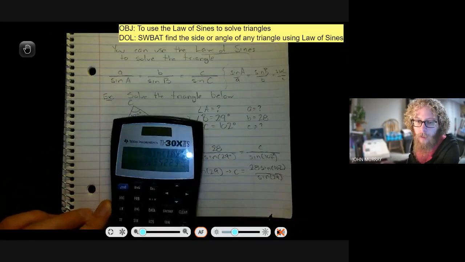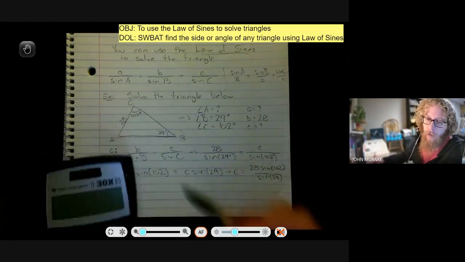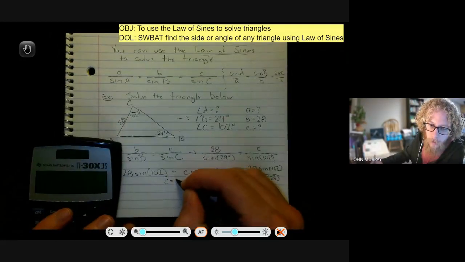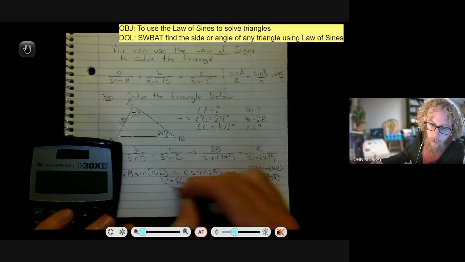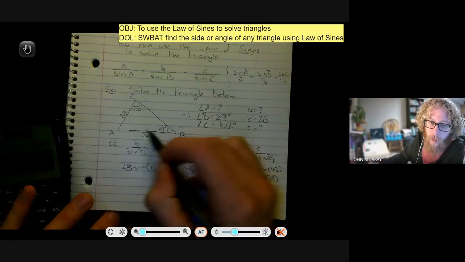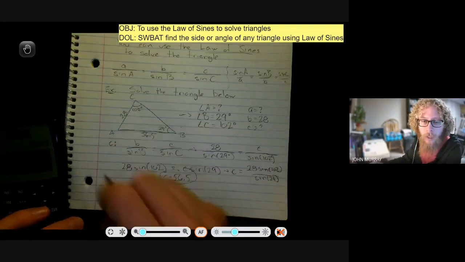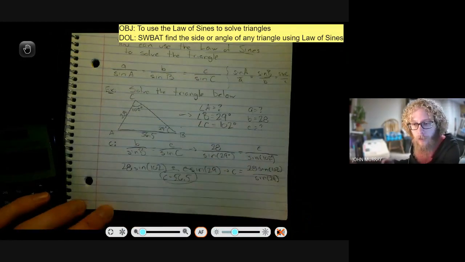So we get side C is 56.5. And that kind of makes sense. It looks like it's going to be the largest side, so obviously it's going to be larger than AC.